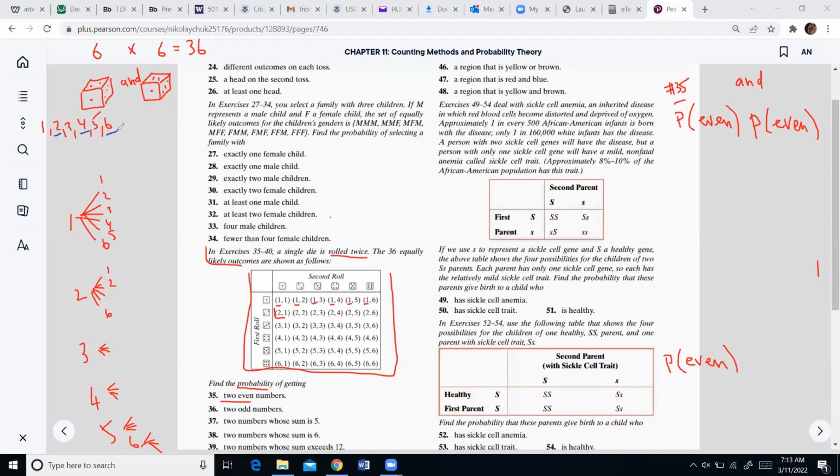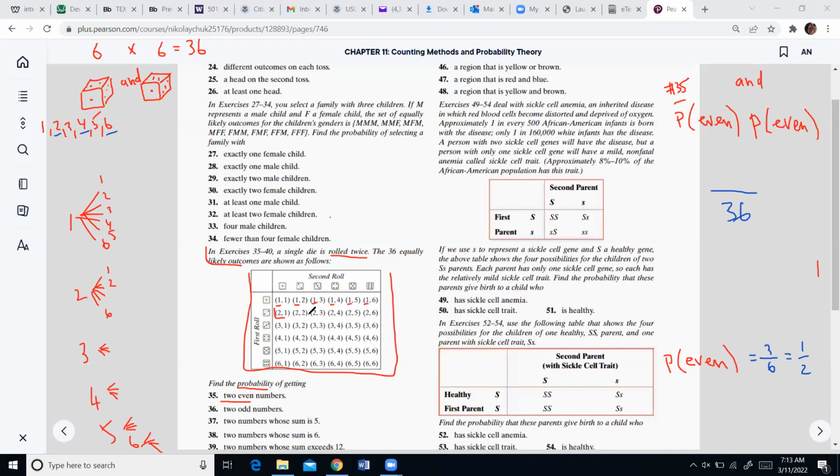Those will be 3 choices out of those 6. So it'll be 1/2, right? Probability to get even is 3 out of 6 because 3 evens out of 6. Now it's getting a little bit harder because we have 36. So we're going to have 36 in the denominator.